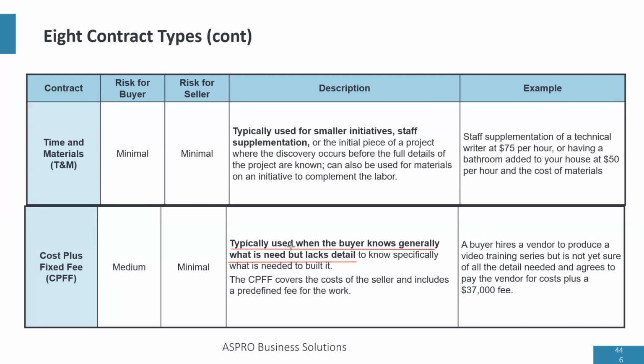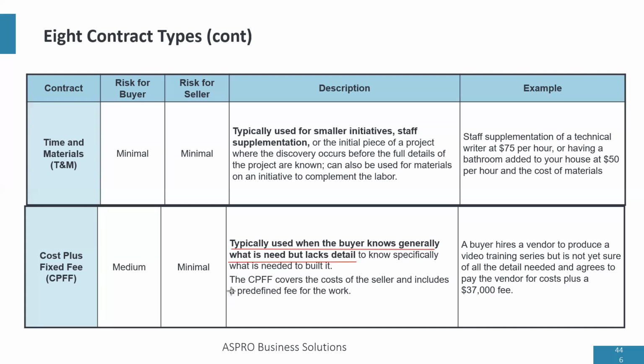Now, you can see that this type of contract is in direct opposite with fixed price, because in fixed price, the buyer has details of the scope of work. Here, you have an idea, but you don't have the details, which means the buyer cannot fix the price.